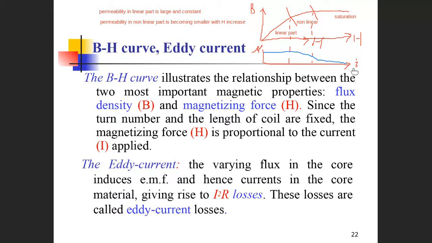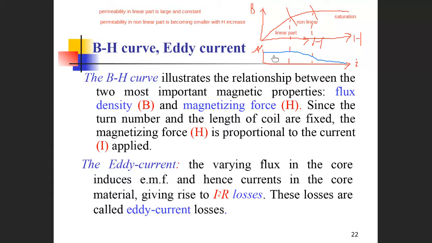So at the linear part, the permeability is a constant and bigger. We come into the nonlinear part, the permeability becomes smaller. And we come to the saturation, the permeability becomes much smaller. When H is very big, B keeps no change, the ratio of B over H becomes smaller and smaller. That's the situation of permeability mu.